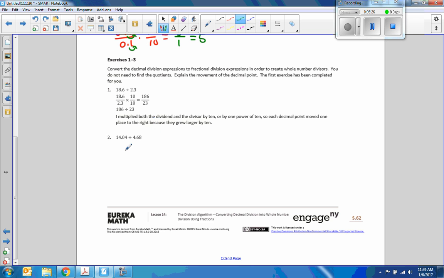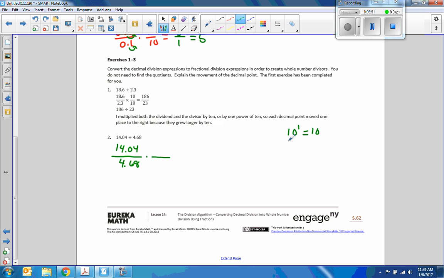Okay? So I'm going to do that with this one. I'm going to take 14.04 divided by 4.68. The first step is to make it a fraction. This is two decimal places, so I'm going to multiply by 10 times 10, or 10 squared. If this is 10 to the first power, that simply means 10.